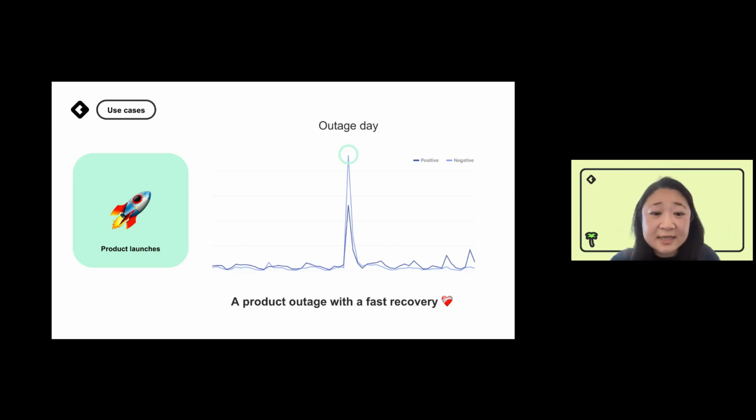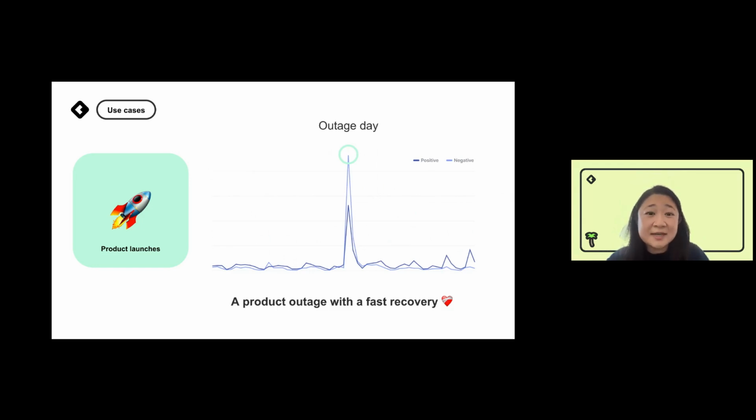In this case, because the responsiveness as well as the recovery was so quick, the brand actually got some brownie points with their user community. Ultimately, their sentiment recovered to normal levels very quickly, as you're seeing here. And in fact, they probably gain even more credibility with their users going forward, given some of these bring you closer to your community, and you've demonstrated a level of trust.